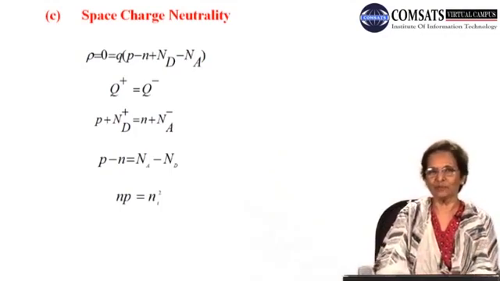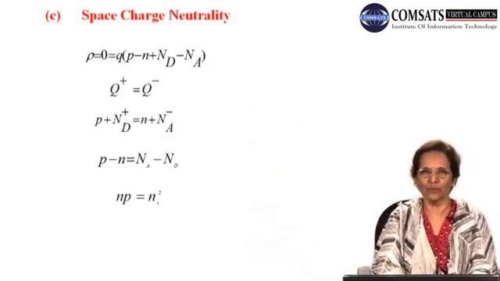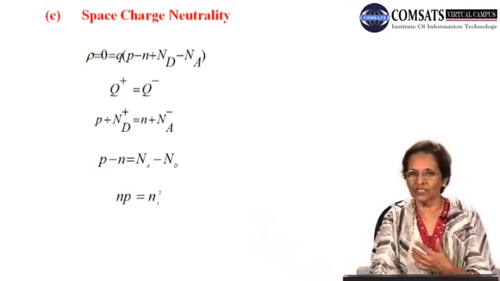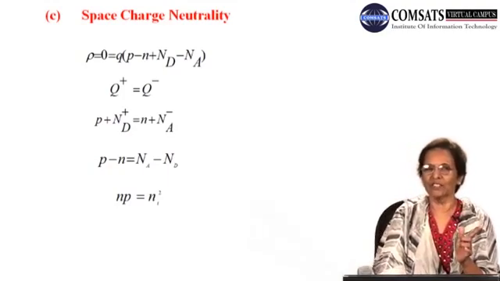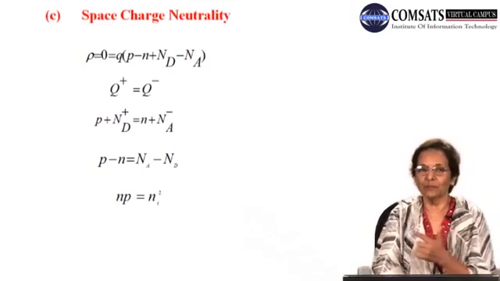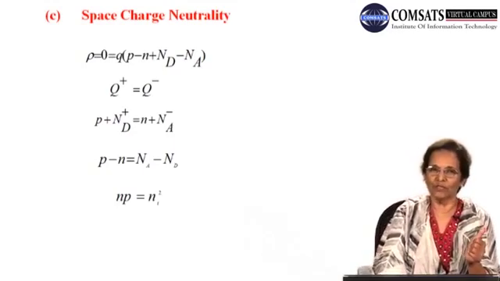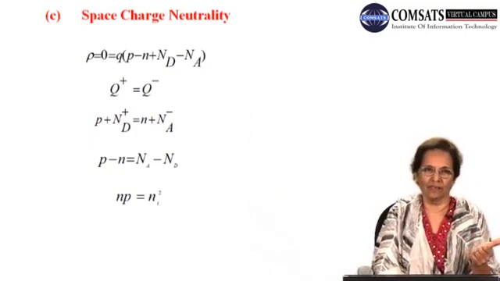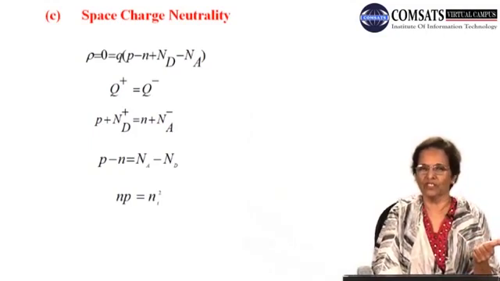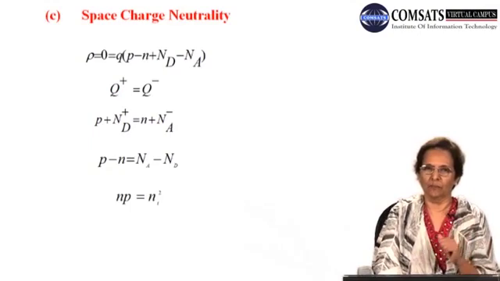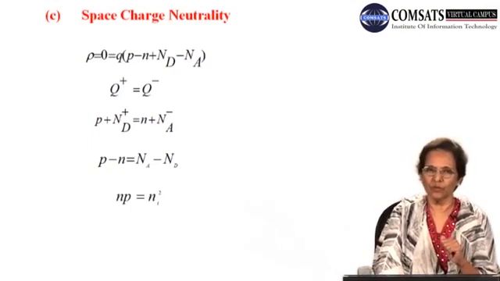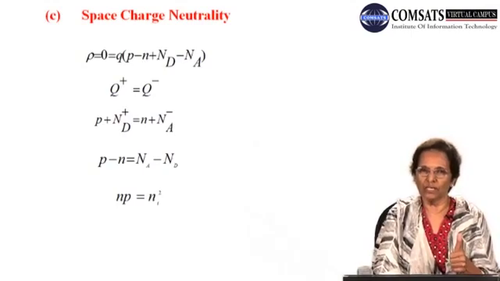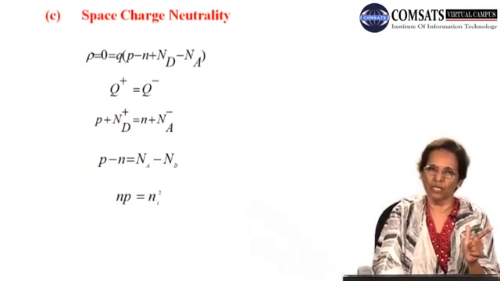Mind you, you must appreciate they both have positive charges, yet when their motion is considered, holes are termed as mobile because they can move easily. Donors will be termed as immobile because they are as massive as an atom; it is simply one electron that has been removed. So positive charge due to immobile donor ions, positive charge due to mobile holes.